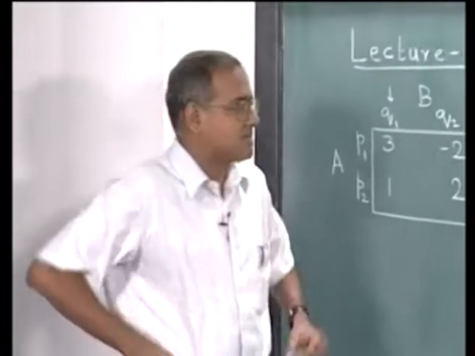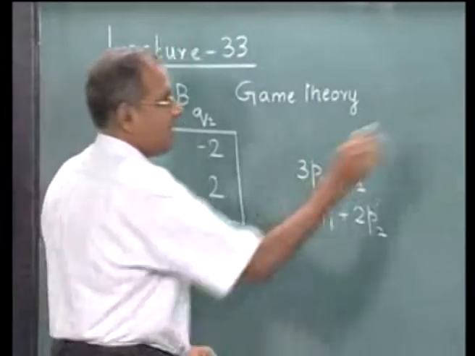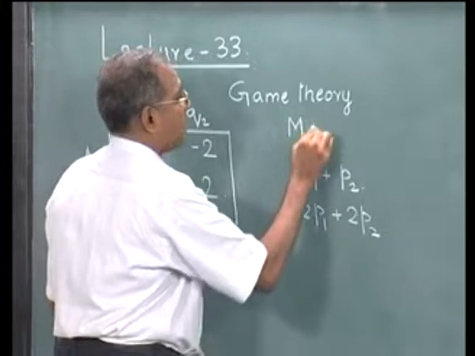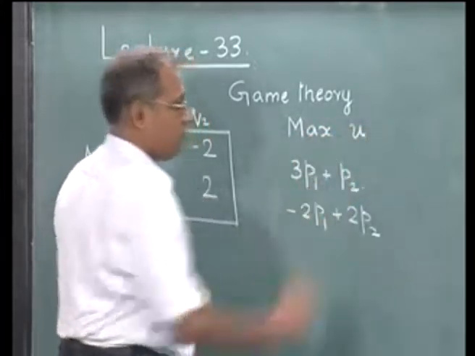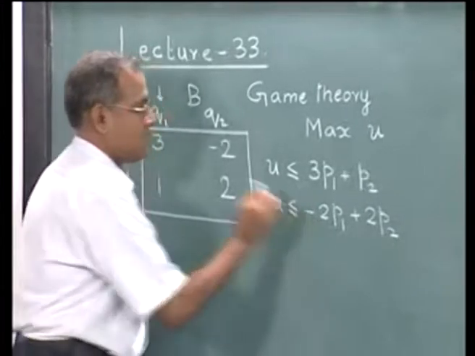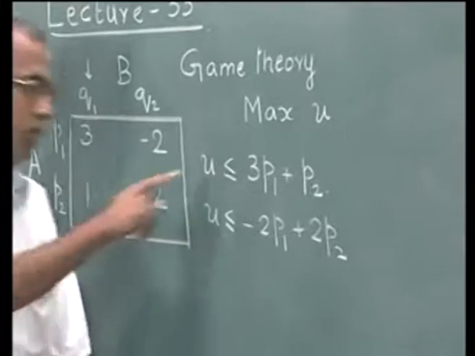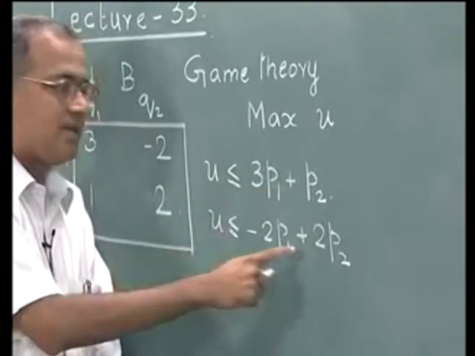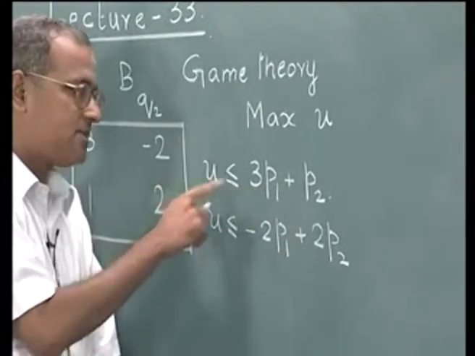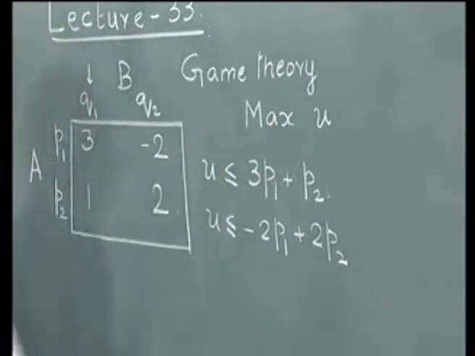A would like to maximize the minimum of this, and that can be given as: A would like to maximize some u such that u is less than or equal to this and u is less than or equal to this. Now, u being less than or equal to both would mean u is the minimum of these two functions, and A would like to maximize that u.